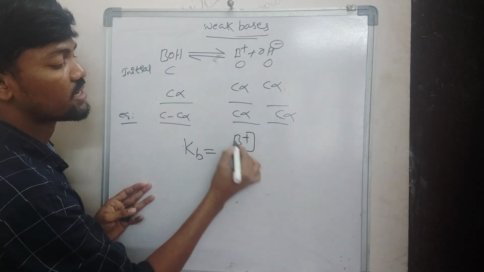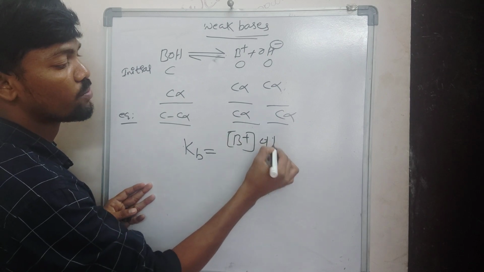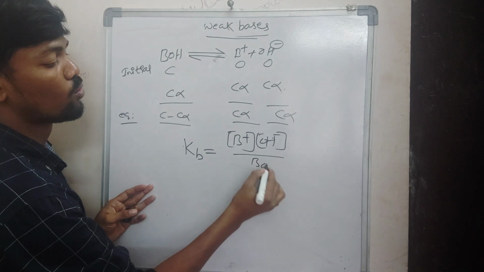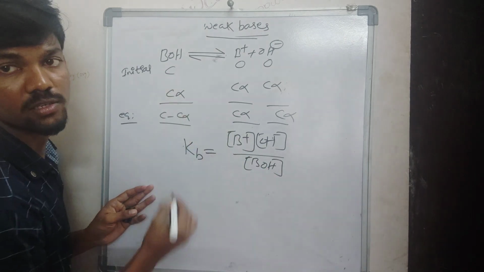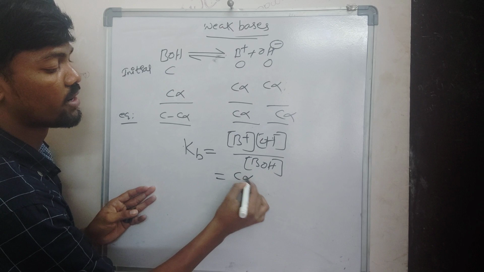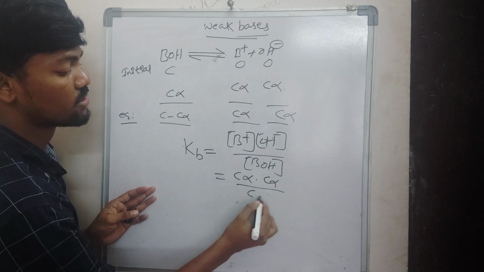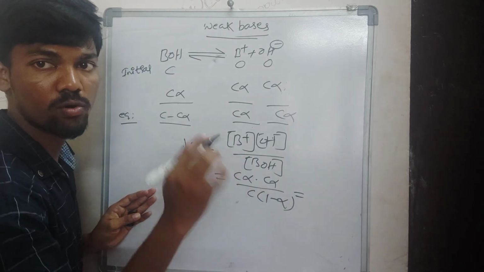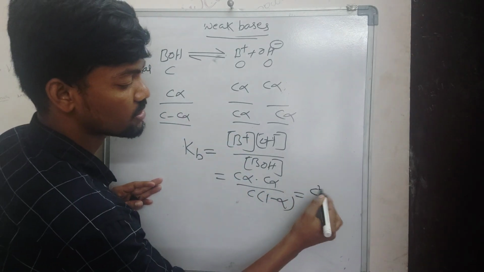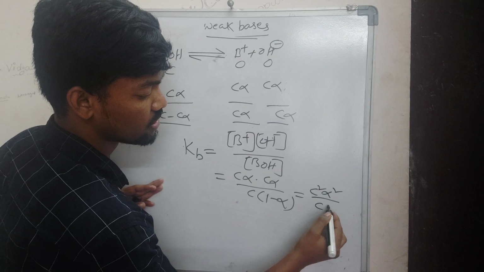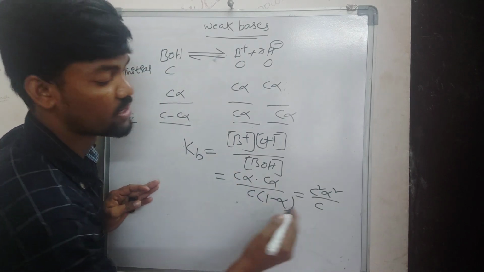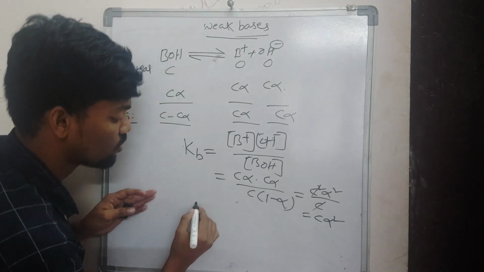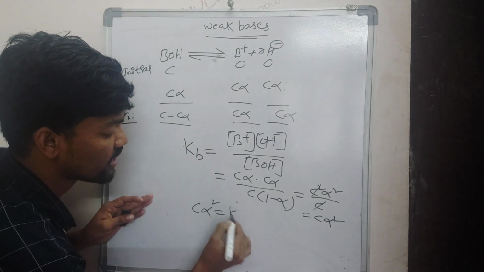B plus concentration into OH minus concentration by BOH concentration. What is the answer? C alpha into C alpha by C into 1 minus alpha, as I told you before. So what happened? C square alpha square. Alpha will be negligible for a weak electrolyte. C cancels, and C alpha square is equal to K, as I have told you.